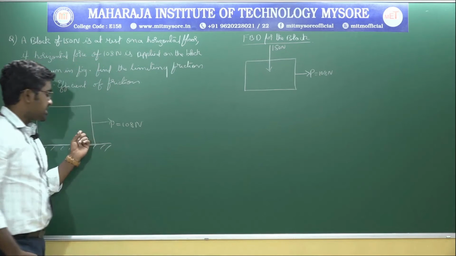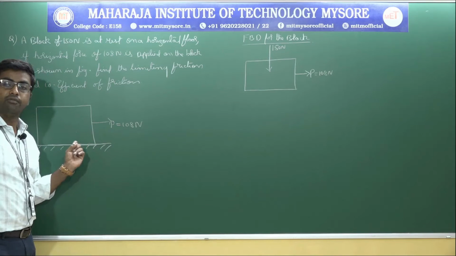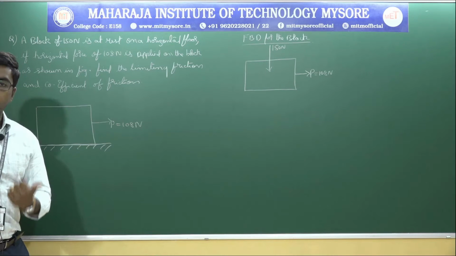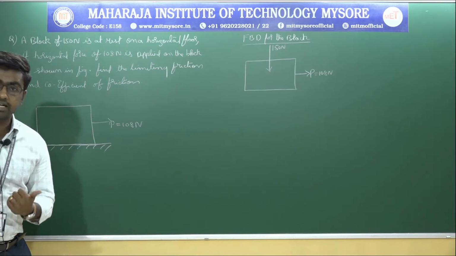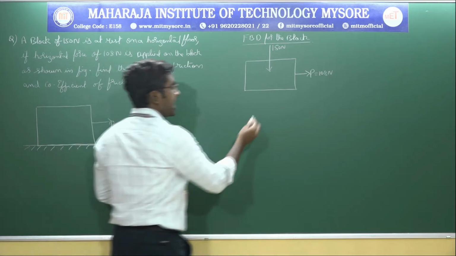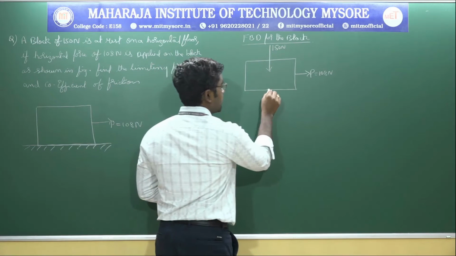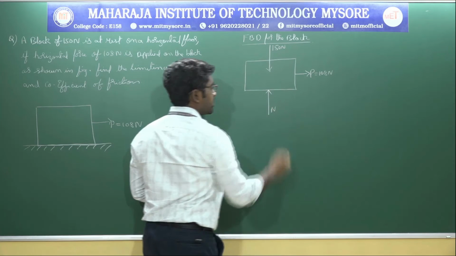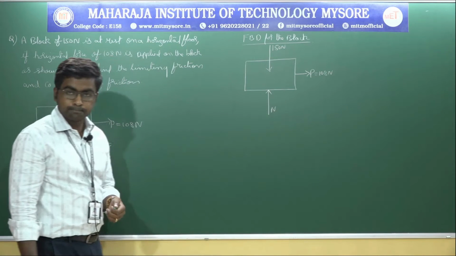And this block is resting on the floor, that means the floor is going to offer a reaction and that is called the normal reaction, which will be in the vertical direction. So in the free body diagram I need to represent the normal reaction which is offered by the floor on the block. Let me denote it as capital N.